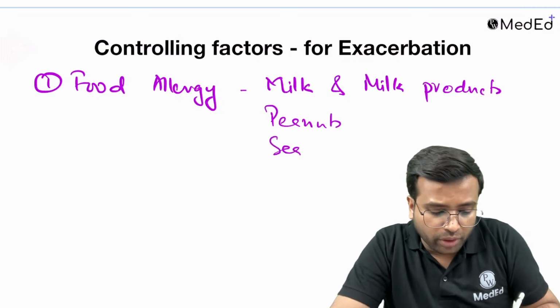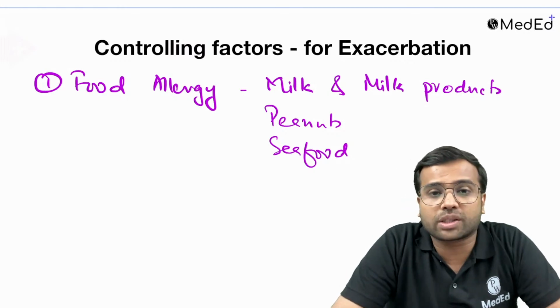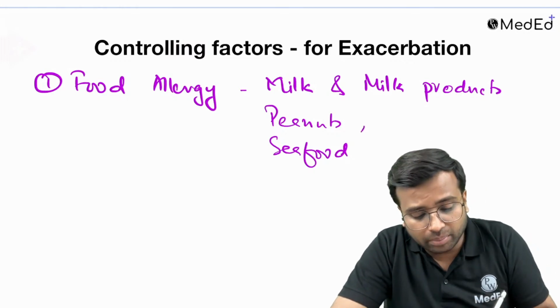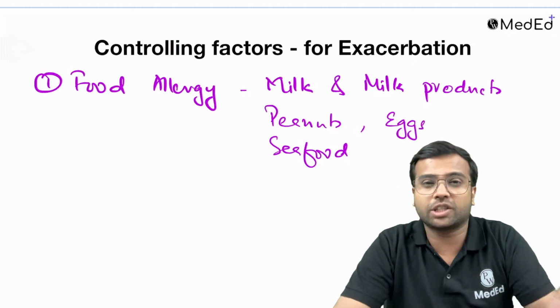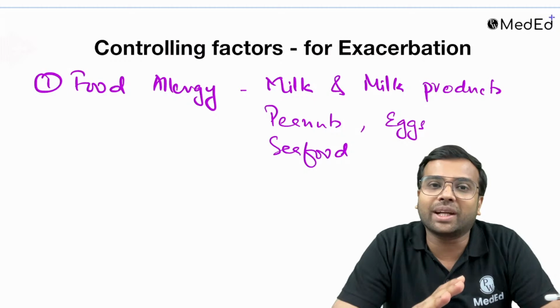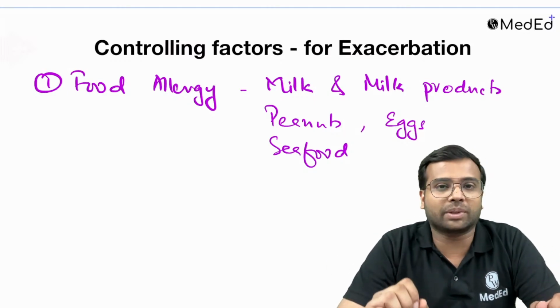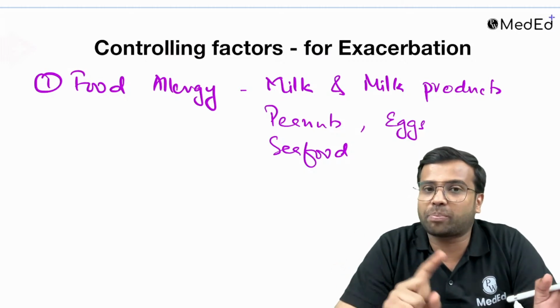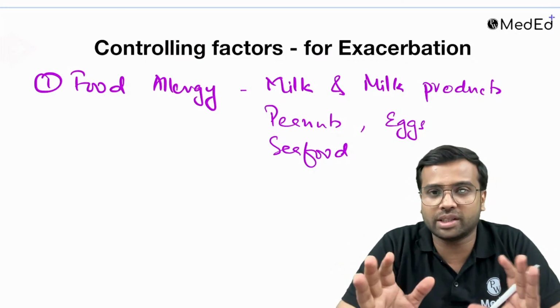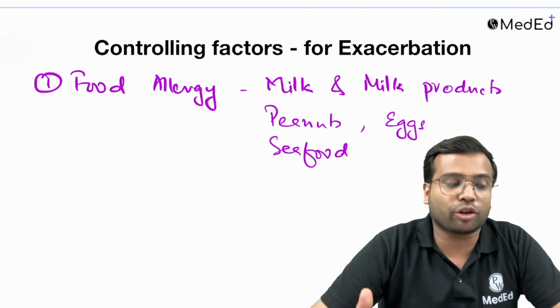Some seafood can also cause some kind of allergy. Especially, sometimes the patient can complain of an allergy whenever he takes egg products as well. Someone takes some omelette, someone takes a bullseye, and the patient gets this kind of symptom. So milk and milk products, peanuts, eggs, seafood, all these are the common causes of food allergy in these kinds of patients.